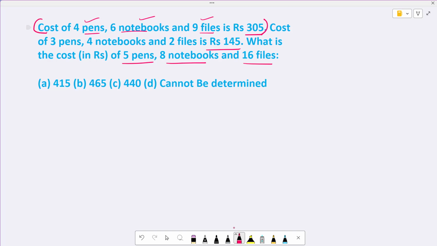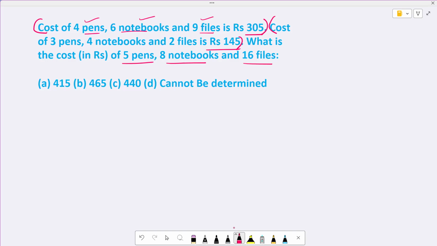One we can form from this part, the second from this part, and the third is the question itself. So here also we use the hit and trial method, that is by adding and subtracting the equations. These are not directly ratio questions, but similar to them. Here the application becomes different, how we subtract and how we form the equations.